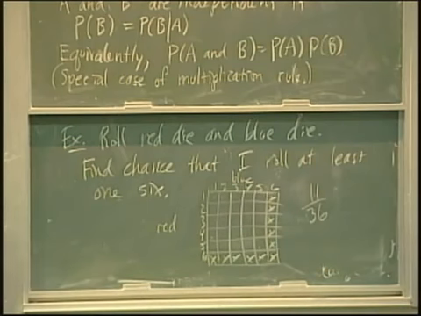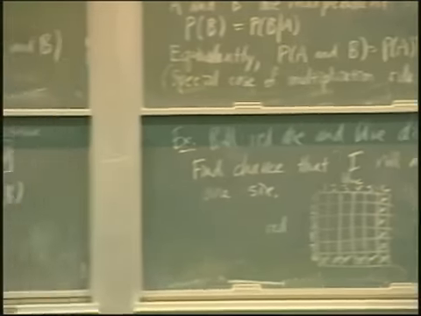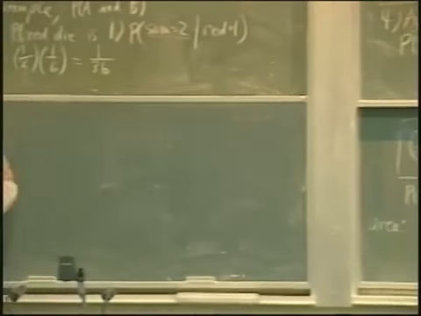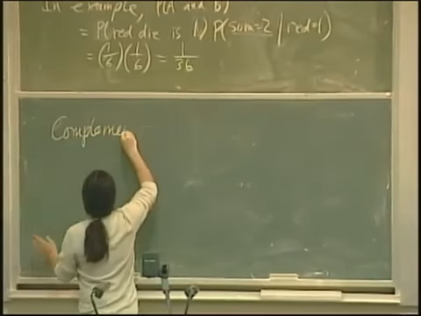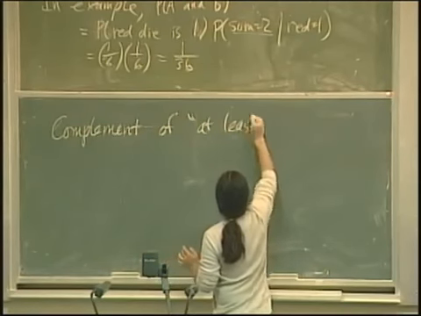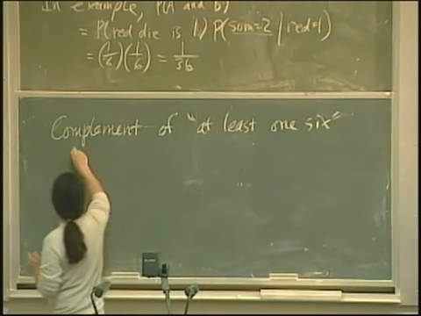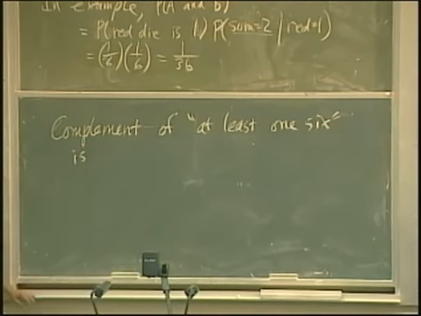The second way of doing this problem is to recognize that this event has a complement which is slightly easier to think about. At least one 6 is what? No 6s at all.